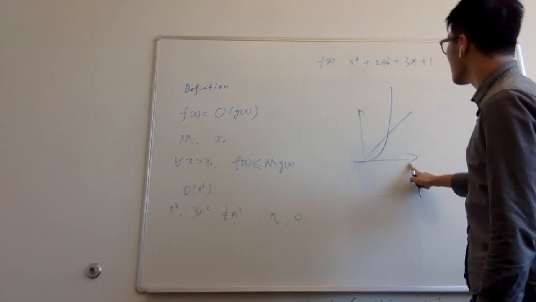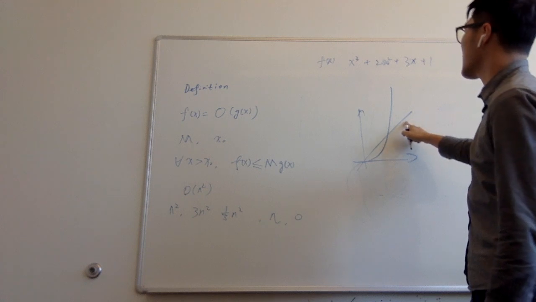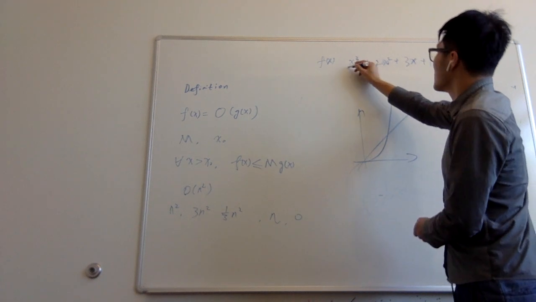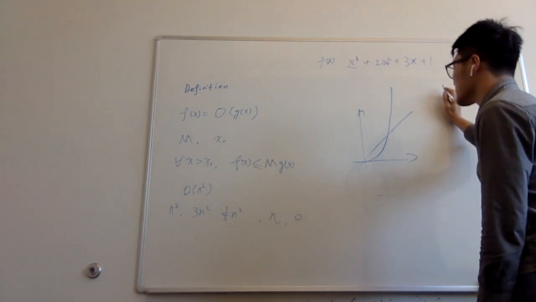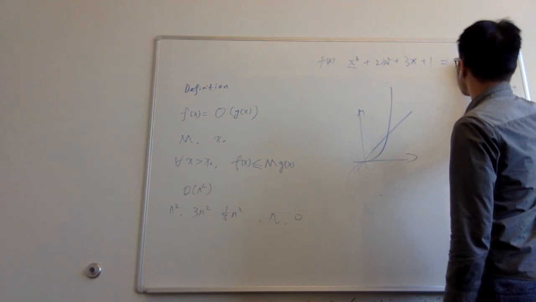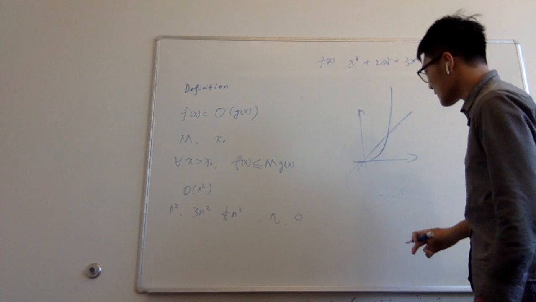As x goes very large, this will be much larger than this term here. So normally for this case, we only pick the term with the highest exponent order, which we write as equal to O of x cubed.